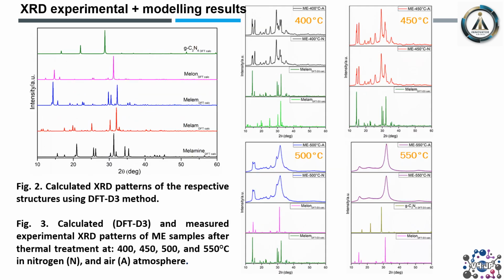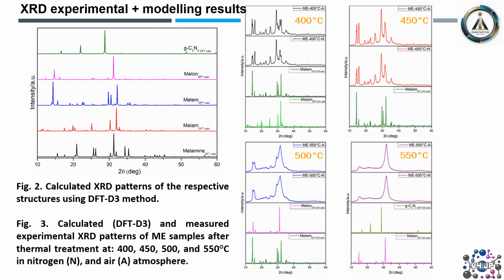On the previous slide, I showed you the experimental XRD analysis. So here you can see the experimental XRD analysis that was supported by calculated DFT-D3 theoretical models, which helped us to identify the dominant and predominant phases.